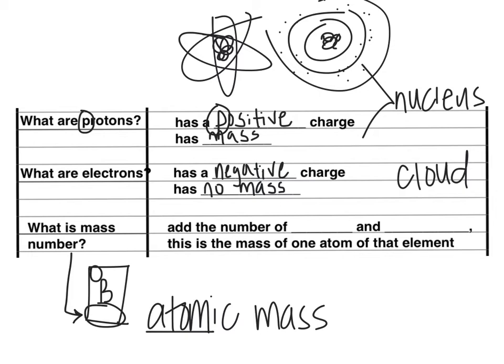Add the number of neutrons and protons. This is the mass of one atom of that element. So if you think about it, it makes sense because we're looking for a mass number. What is the mass of it? How much stuff is in that little thing? Sure, it's going to be really, really small, but if you look back up here, we just said that a proton has mass and then a neutron has mass.